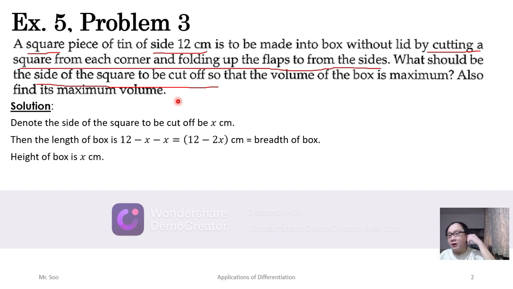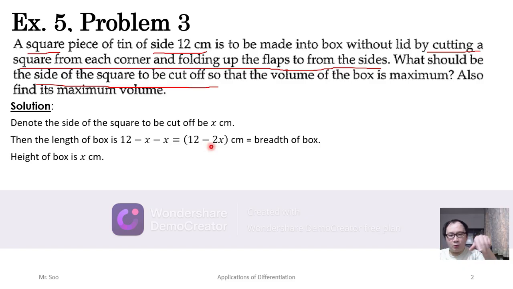And because I want to cut off the side of the square at the corner, this part, which is 12, I take half of it, let's say x, and the other side, which is 12, I take half of it, which is x. So in total we have 12 minus x from the corner. That's why you have minus x here, hence it is minus 2x.